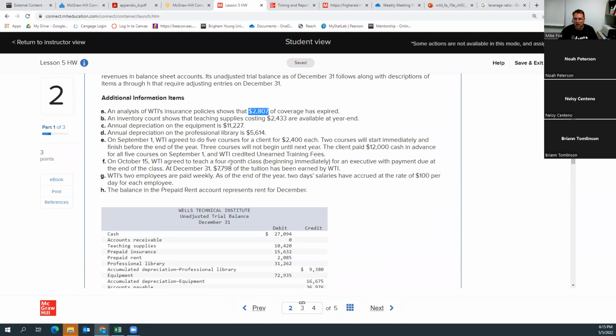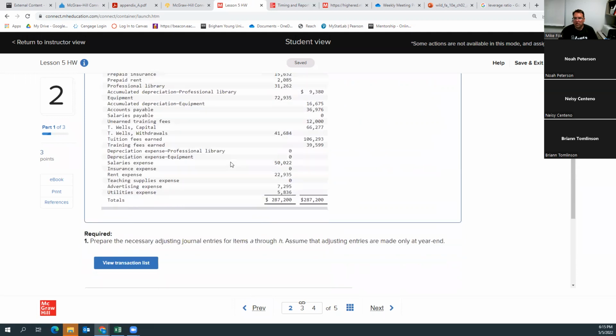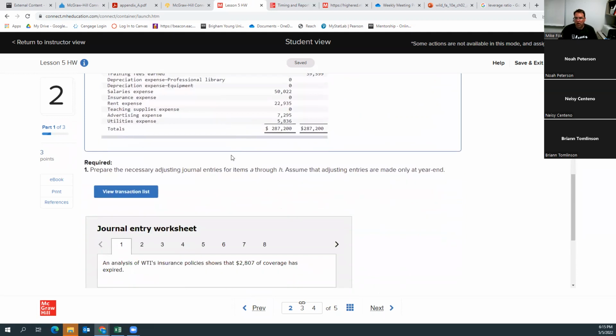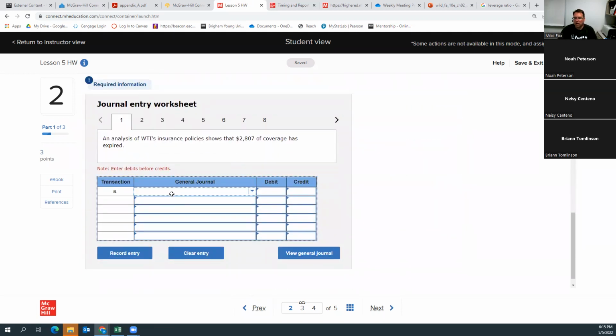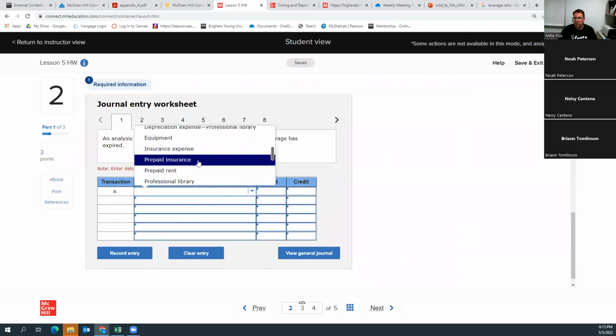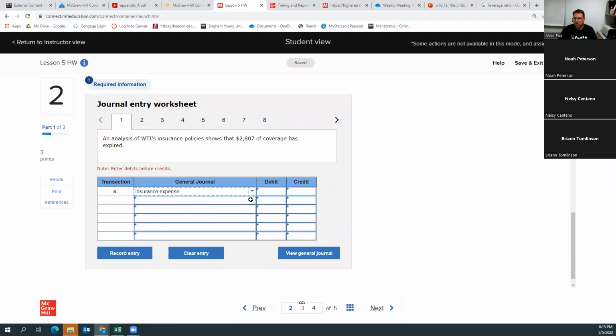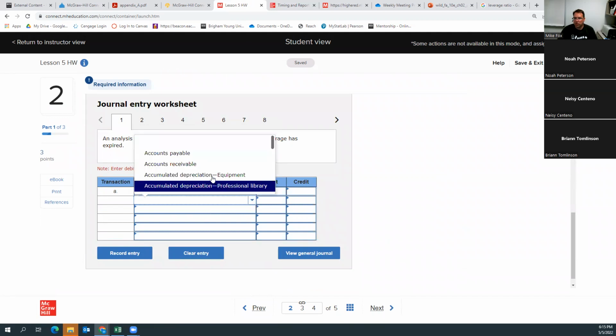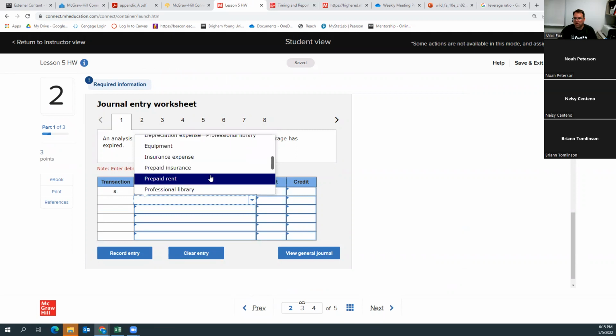So we're going to do a journal entry to show that prepaid insurance has been used up. We're going to recognize that as an insurance expense, and we're going to reduce the amount of prepaid insurance.